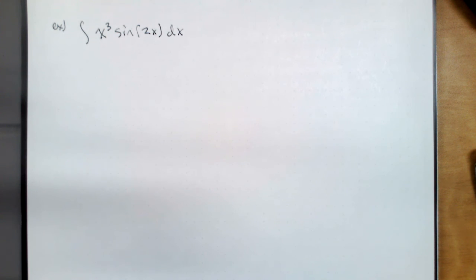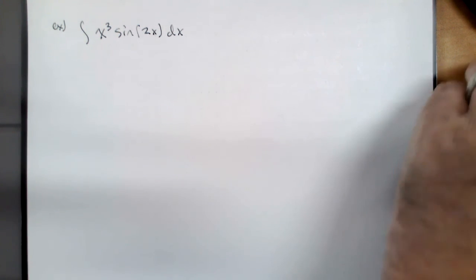So this one fits the same description as the previous one. We've got x to the third, and then some transcendental function. And we notice that this is the parts section. We're probably going to do parts. I like to differentiate polynomials because they differentiate down to 0. And so that's what we're going to try.